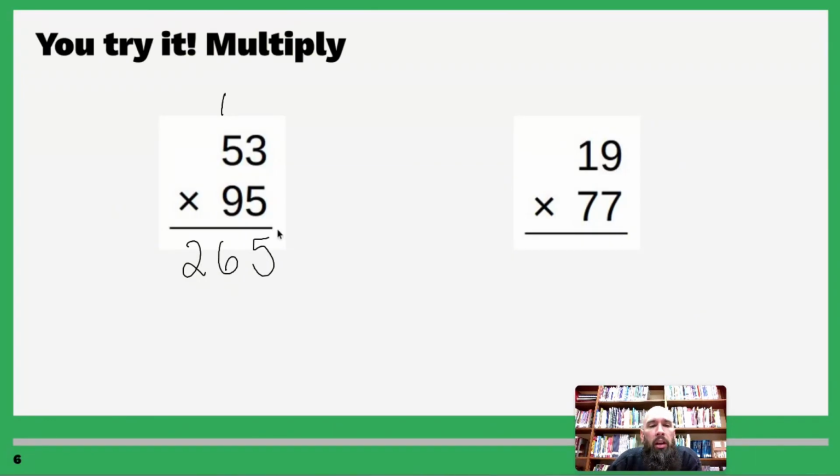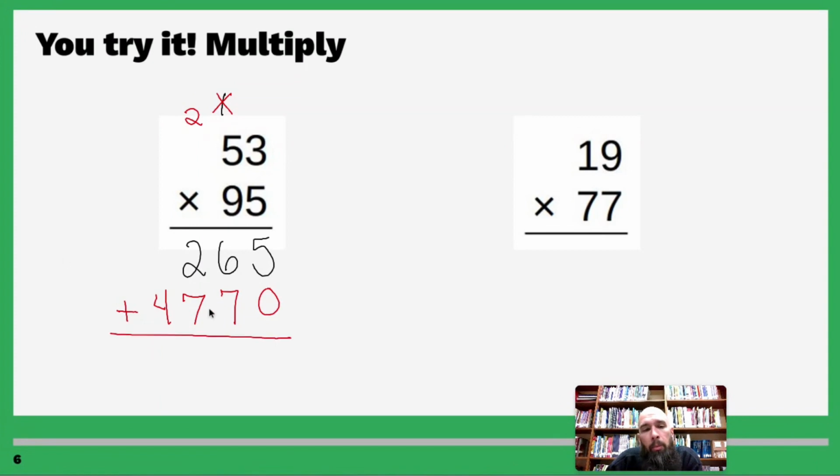Now we move on to the tens place and we attach a 0. 9 times 3 is 27. Carry the 2. We don't need that 1 anymore. 9 times 5 is 45. 45 plus 2 is 47, so we write out 47, keep things all pretty and organized.